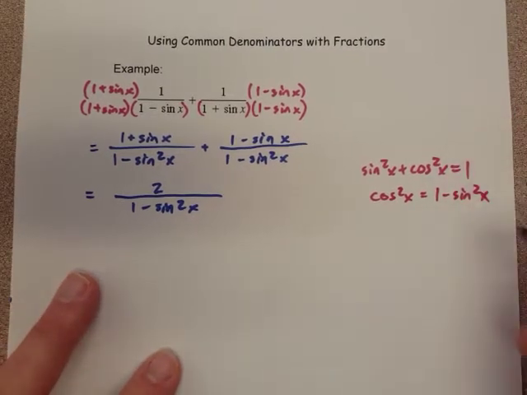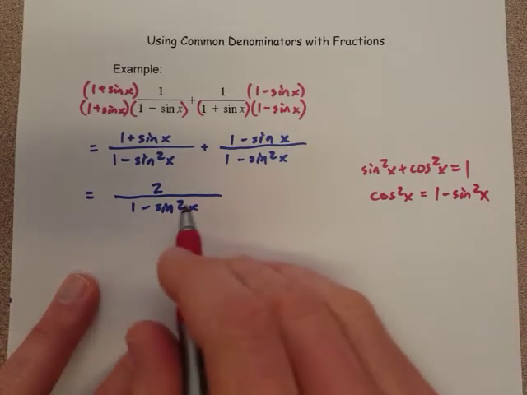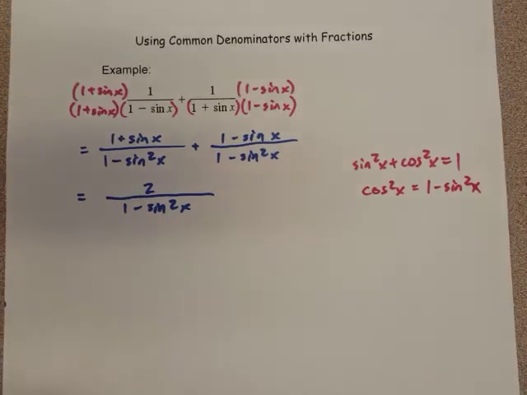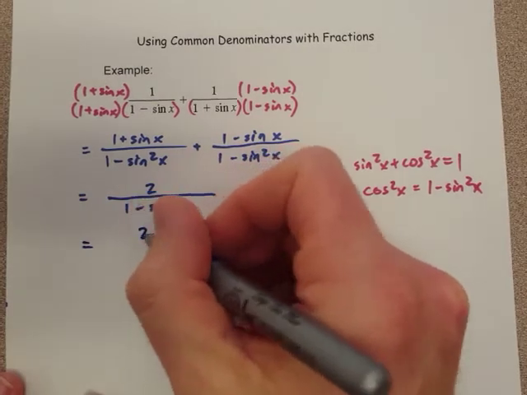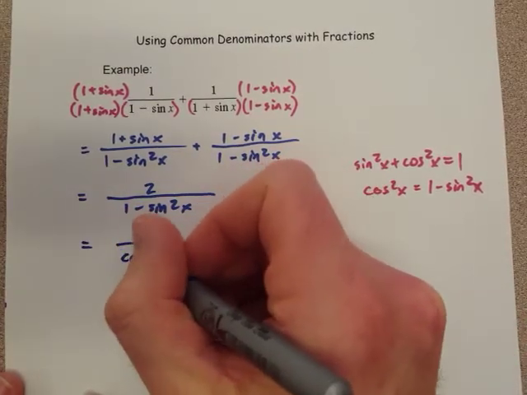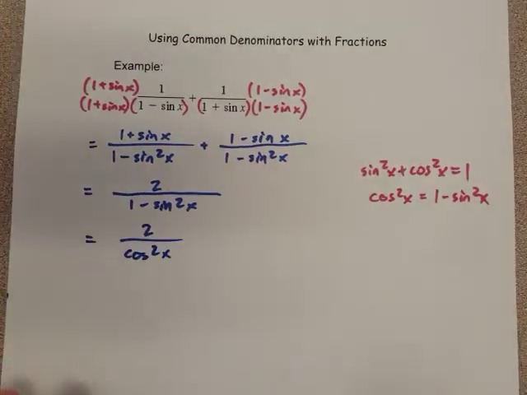Well, now that I have that, you might notice that 1 minus sine squared is all of this, and so now I can replace that one with just cosine squared. So now the next piece is 2 over cosine squared, and that looks a lot simpler.